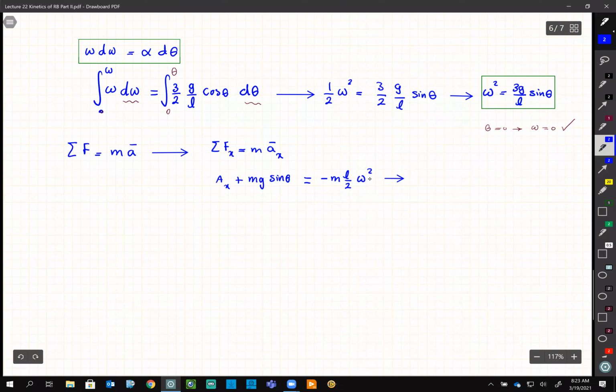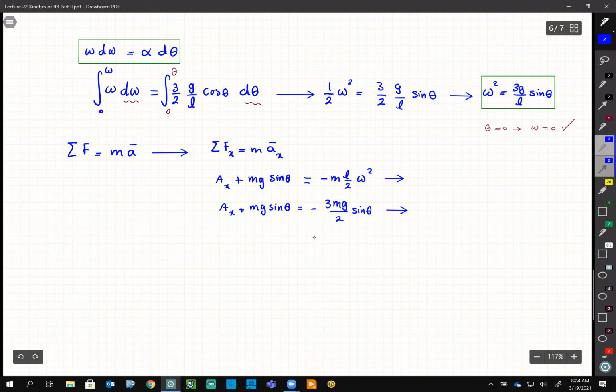So we will get Ax plus mg sine theta equal to minus m, and I can get rid of that L, so it will be 3 mg squared sine theta, right? You can cancel L, and then this is what we will get.